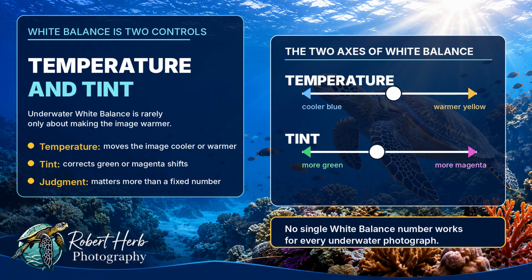The goal is not to memorize numbers or to use a preset. The goal is to ask whether the overall color feels believable enough for you to judge the next step. Once the strongest color cast is corrected, you can move forward to exposure with much more confidence.